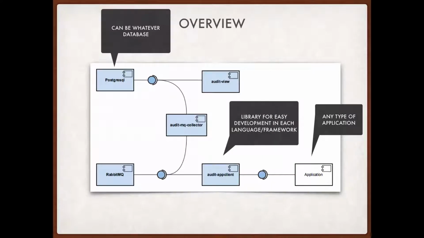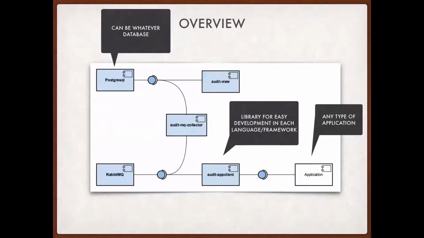An overview of the system: we have five main components, but none of them is required to be the ones I am developing. You can change them easily. The first goal is that it works with any type of application.